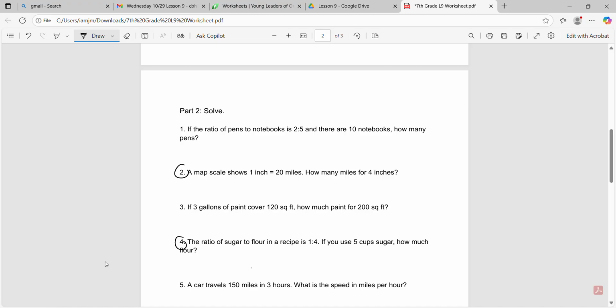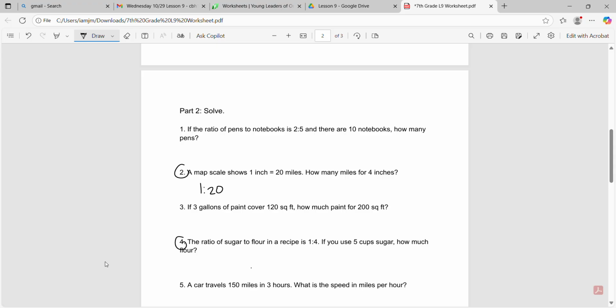Part 2, a map scale shows 1 inch equals 20 miles. How many miles for 4 inches? For 4 inches, 1 to 20, this is our scale.